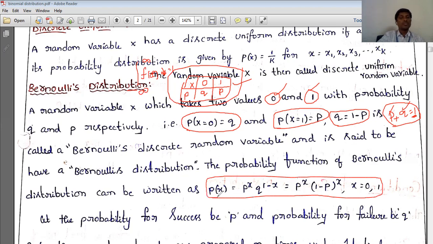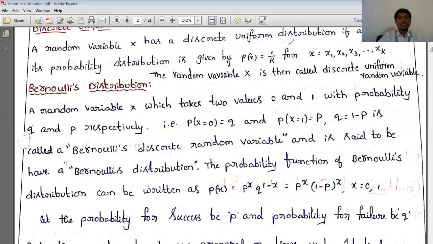Here q is nothing but 1 minus p, so it is p power x times (1 minus p) power 1 minus x, where q represents failure and p represents success. So that only here we wrote: let the probability for success be p and the probability for failure be q. This terminology you need to remember.